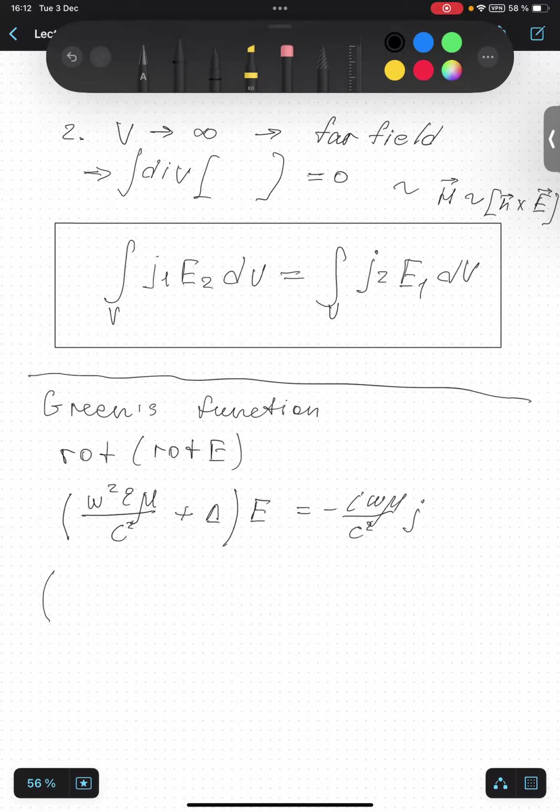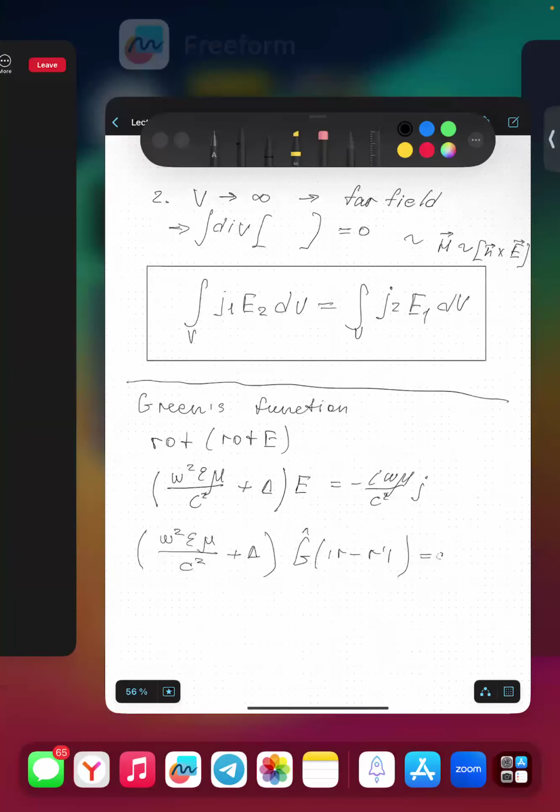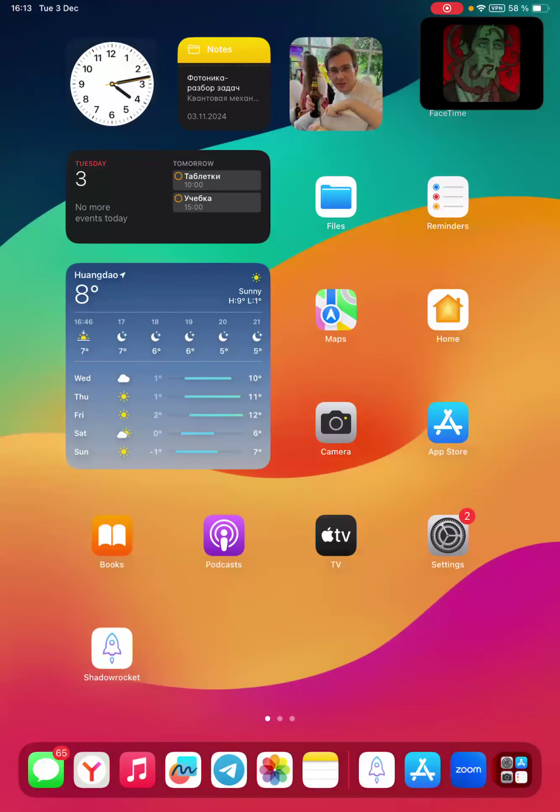So we can write it like omega squared epsilon mu over c squared plus the Laplacian acting on our Green's function G(r, r prime).